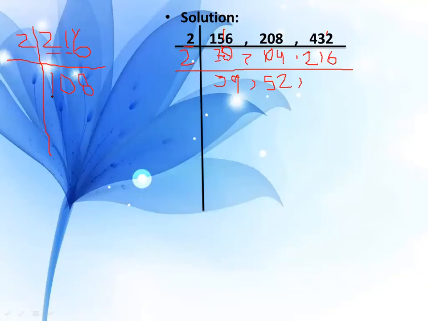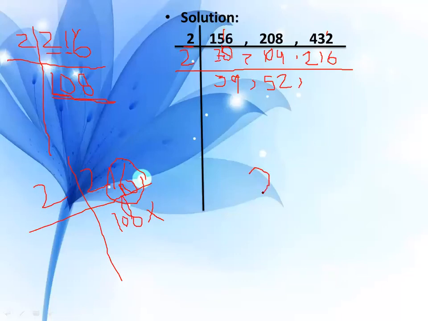My dear students, this is very important. Most of the students simply do 2 ones are 2 and 2 eights are 16. This is completely wrong. If you are picking two numbers at once, you have to add 0 here.